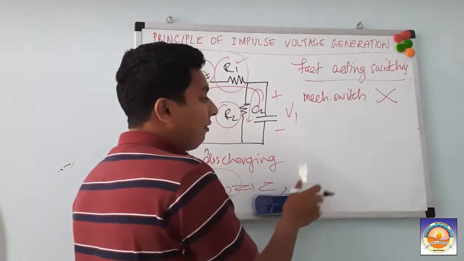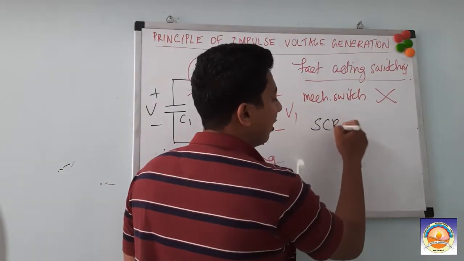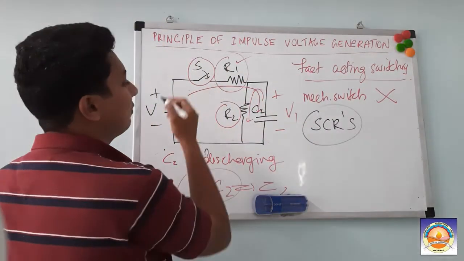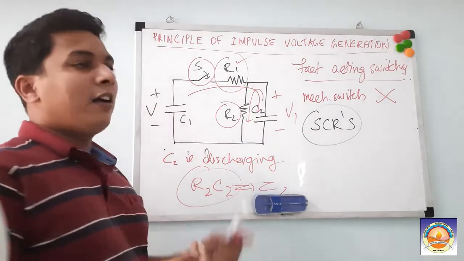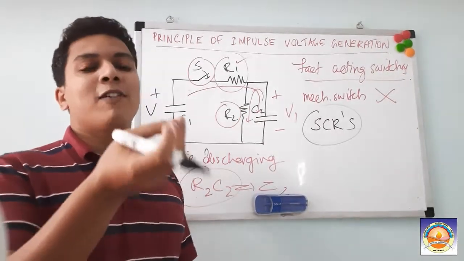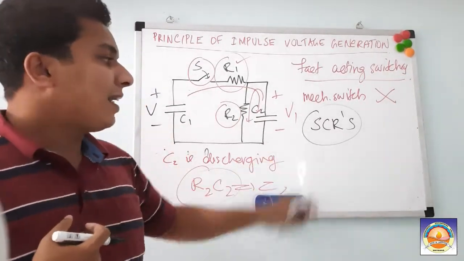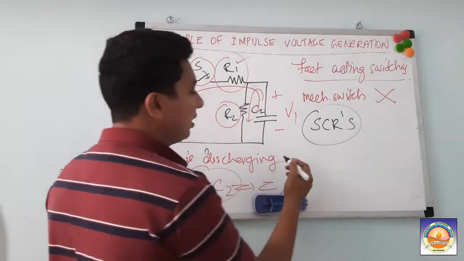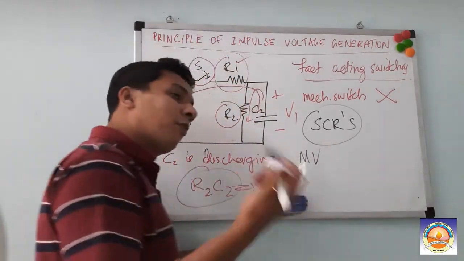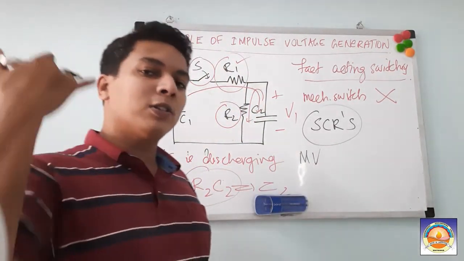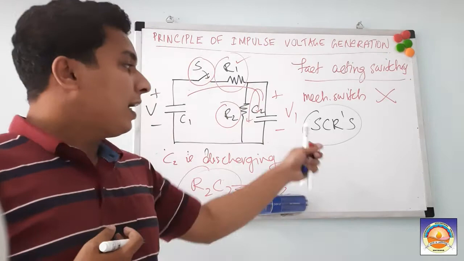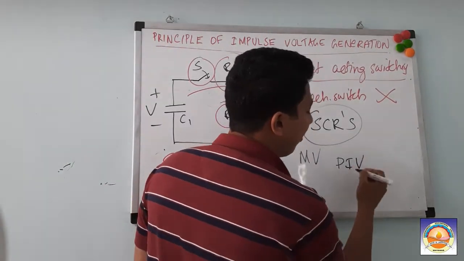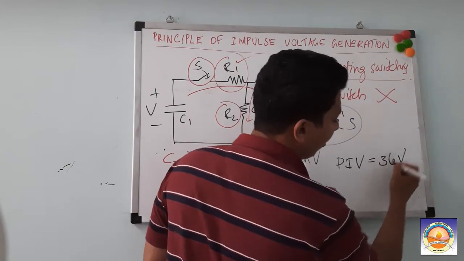Then I think you are aware of power electronic switches like the SCR. Instead of this one, we can have an SCR, which can be operated as a switch by giving an electronic signal. That is okay. But one problem with SCR is that impulse voltage generation involves kilovolts or even millions of volts. Usually the peak inverse voltage of an SCR is around 3 kilovolts only.